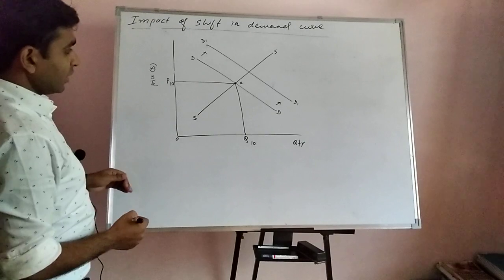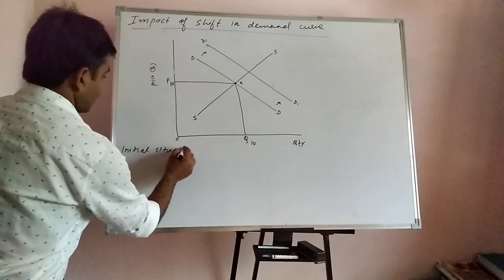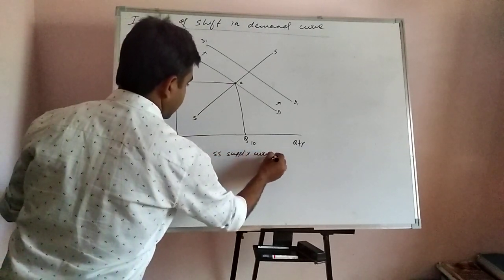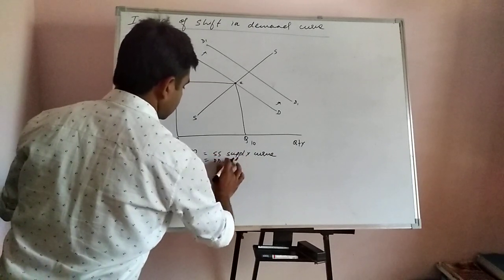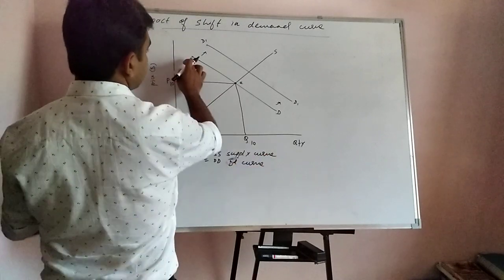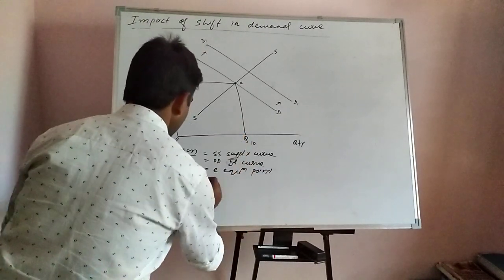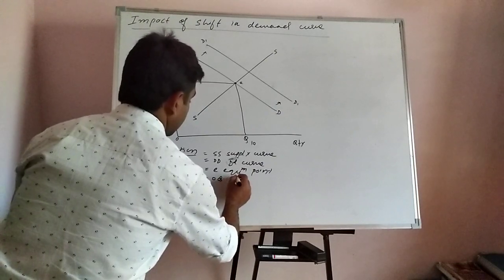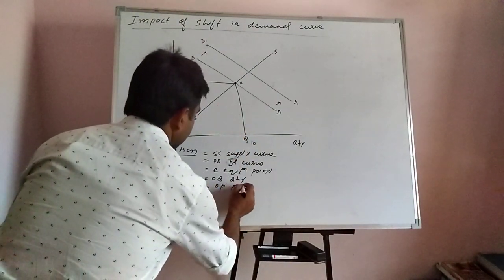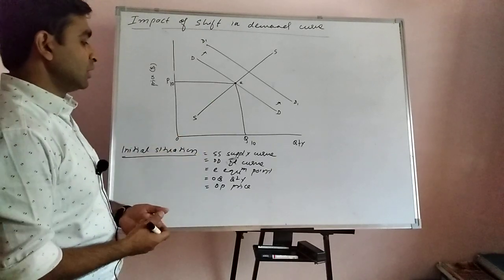In the initial situation, SS is the initial supply curve, DD is the initial demand curve, E is the equilibrium point, 0Q is the quantity demanded and supplied, because S and D intersect each other, and 0P is the price.